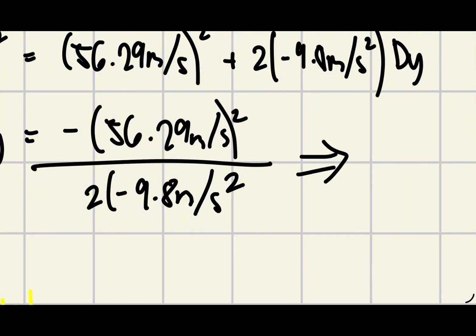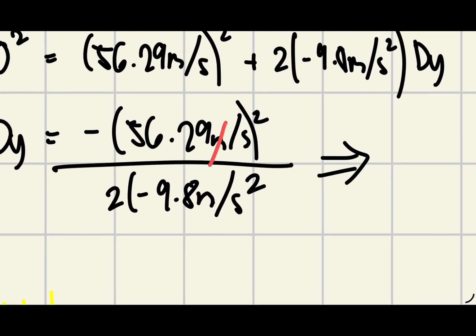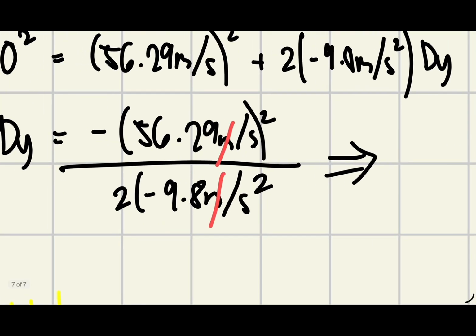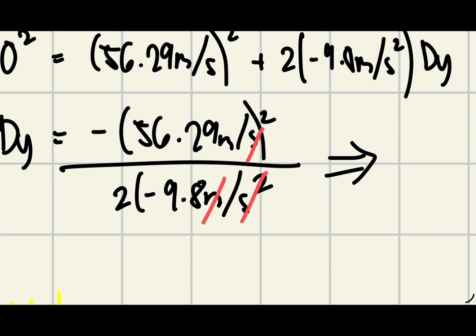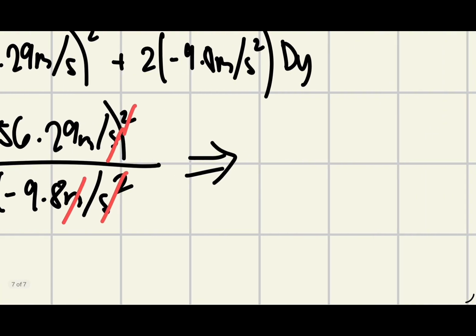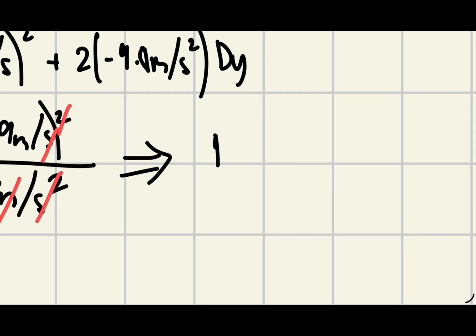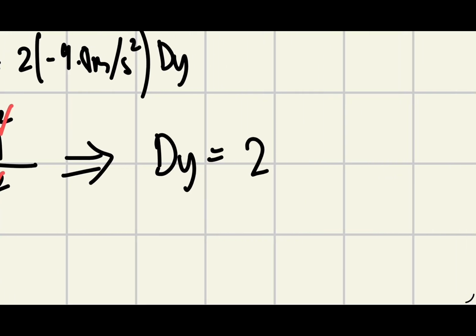So we can cancel our units, meters cancel, rather the seconds cancel, meters here cancels, this cancels, and we're left with meters. So this would equate to our d's of y will be equal to 2.87 meters.